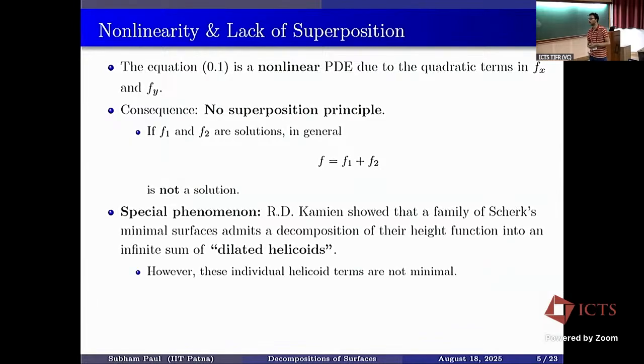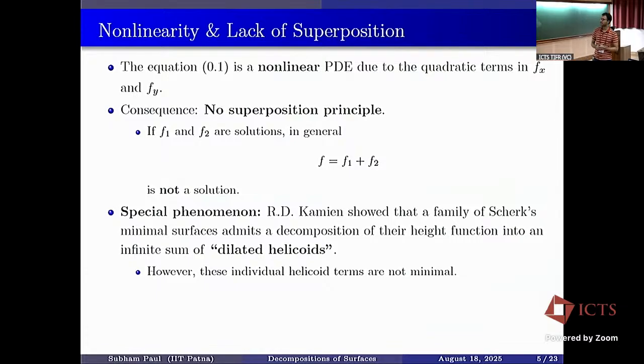But what the physicist Randall Kamien showed in that paper was that for Scherk's minimal surfaces, the height function can be decomposed into an infinite sum of dilated helicoids. The left-hand side is the height function of Scherk's minimal surface, and the right-hand side is an infinite sum of dilated helicoids.